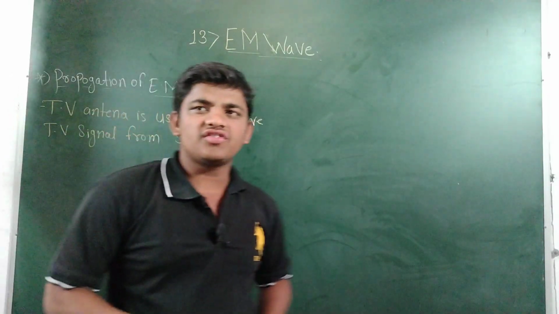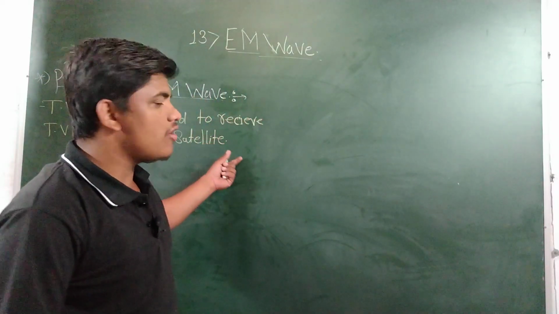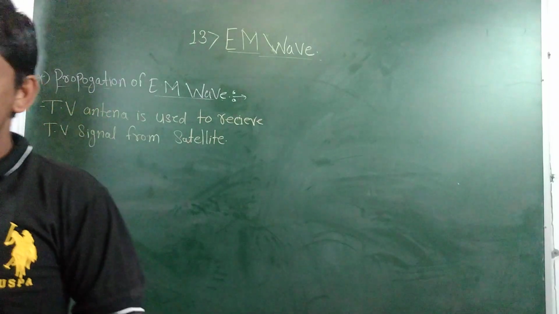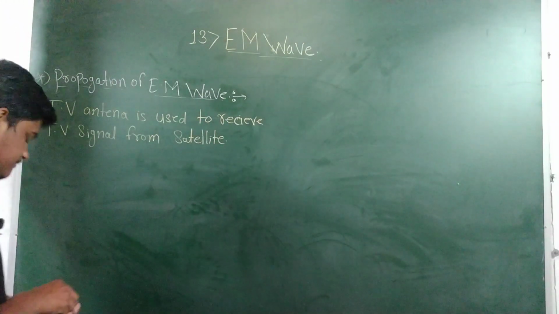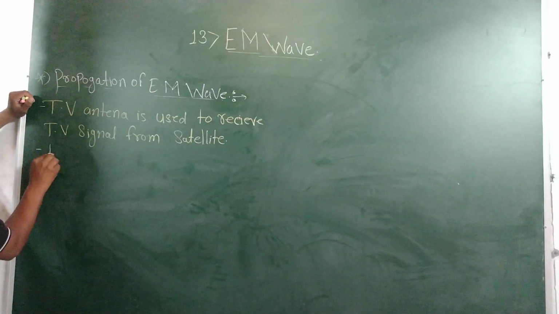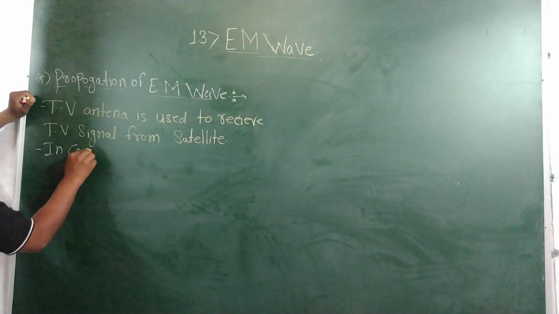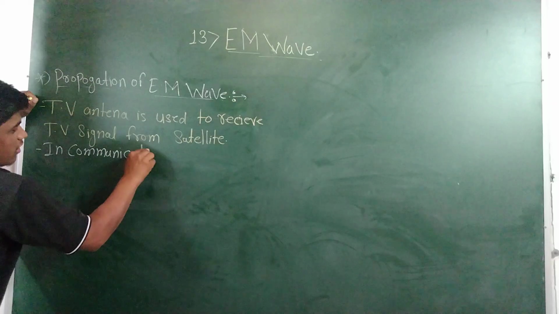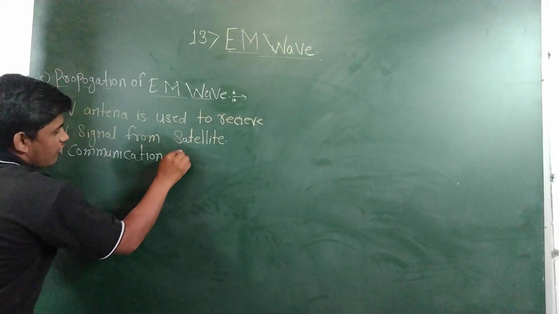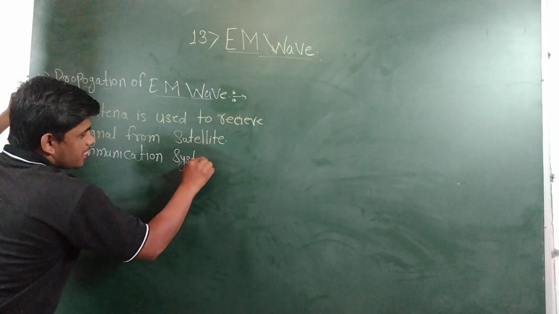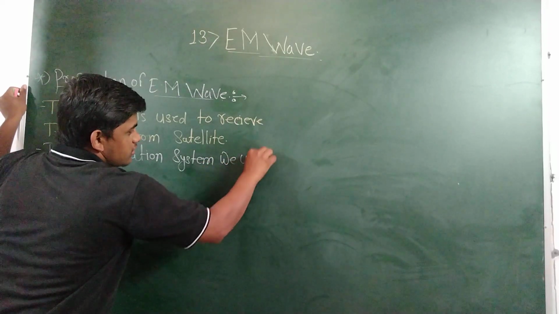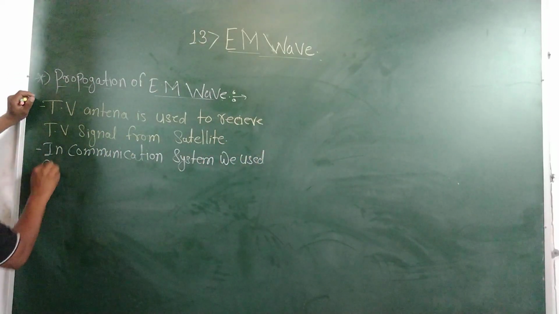In the communication system, we use electromagnetic waves. The type of electromagnetic waves used is radio waves. I will write the sentence: in communication systems, we use radio waves.